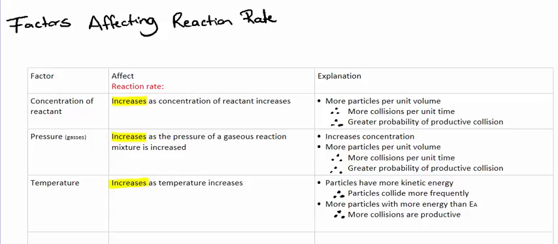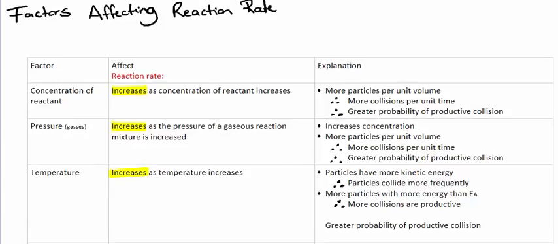The increased kinetic energy of the particles also means that more of the particles have greater energy than the activation energy. That means that more of the collisions are going to be productive. Both of these factors lead to a greater probability of a productive collision, and hence a faster reaction rate.